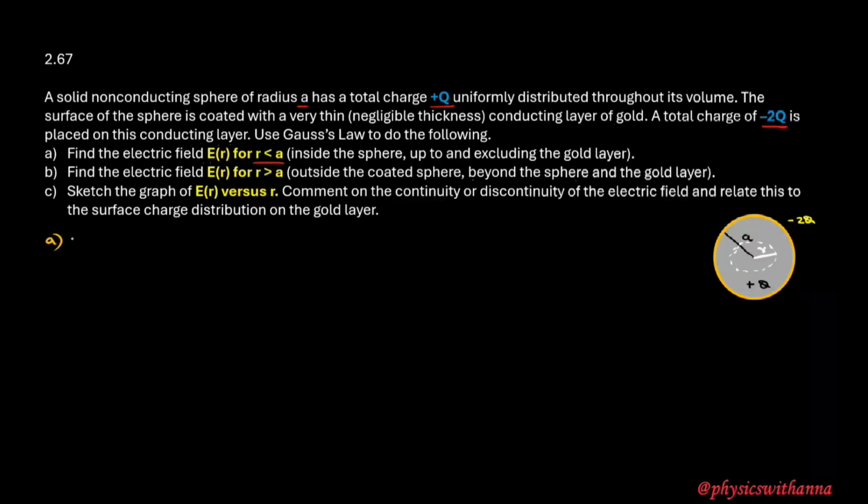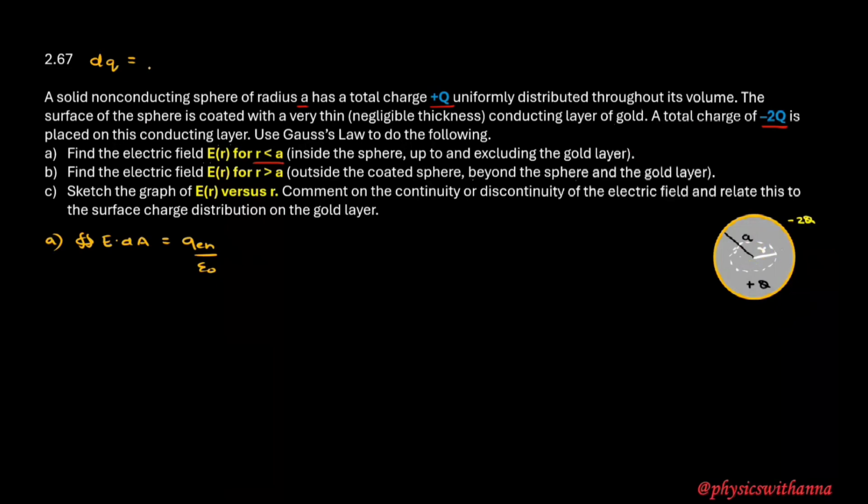We know from Gauss's law integral E dot dA is equal to charge enclosed over epsilon naught. Charge enclosed is the total charge within the Gaussian surface, and we can find this charge enclosed by taking differential charge dq, because this charge will change as the radius or the distance from the center changes.